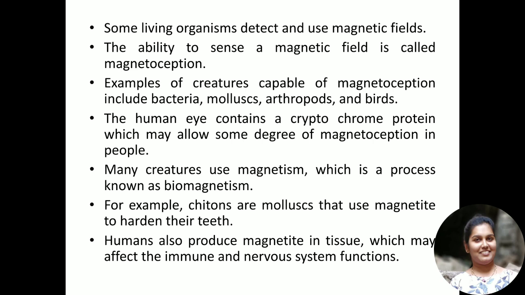For example, chitons are molluscs that use magnetite to harden their teeth. Humans also produce magnetite in tissues, which may affect the immune and nervous system functions.